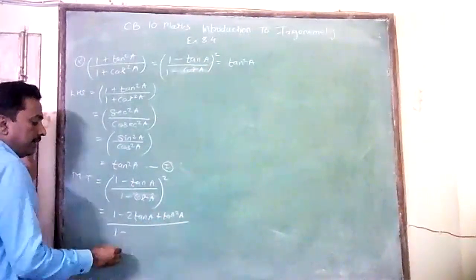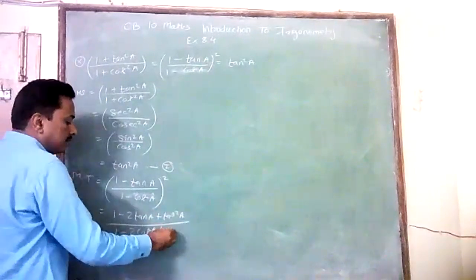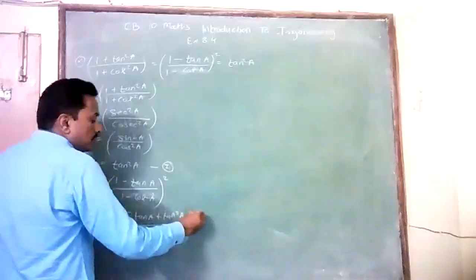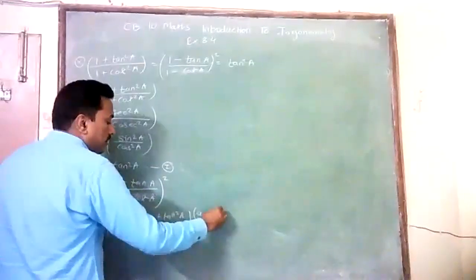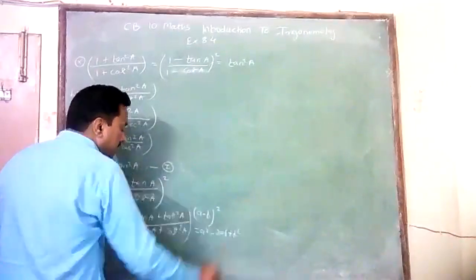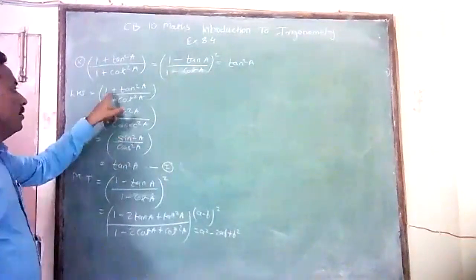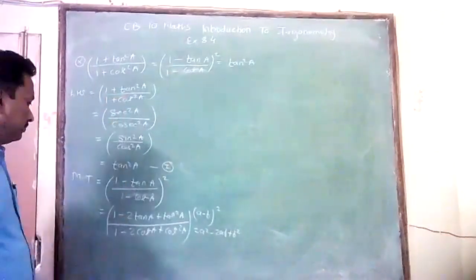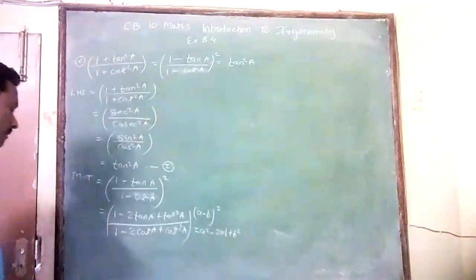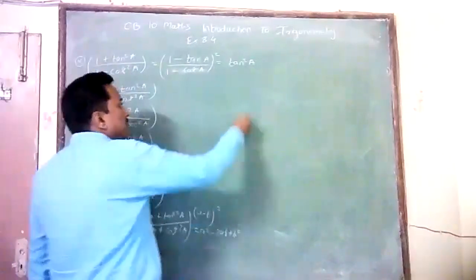Again, a square minus 2ab plus b square. So this is a minus b whole bracket square is equal to a square minus 2ab plus b square. We use this identity.